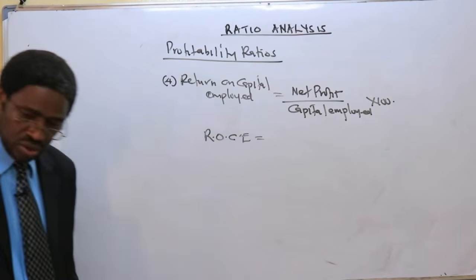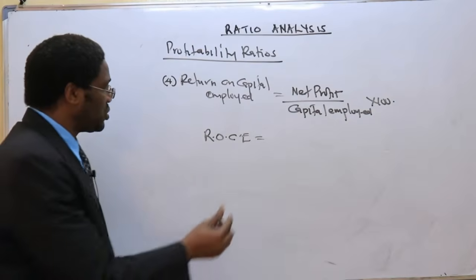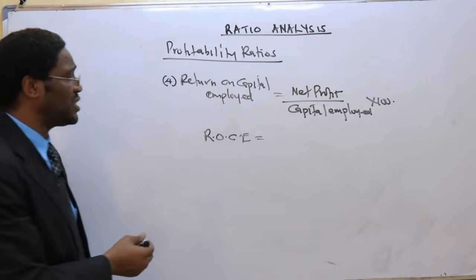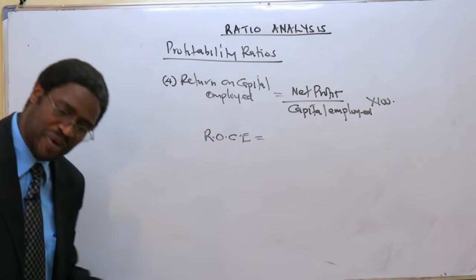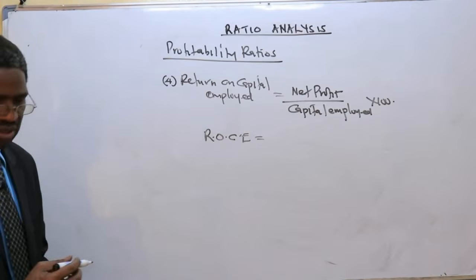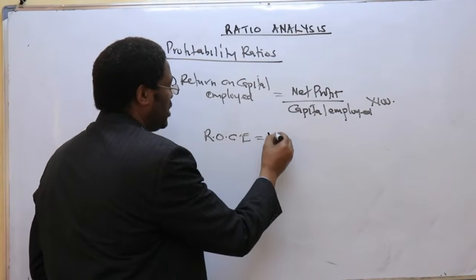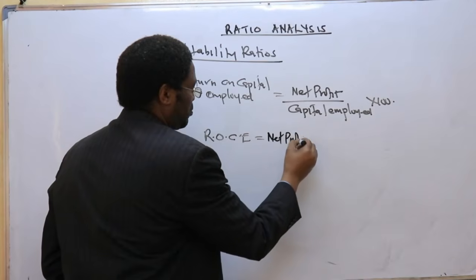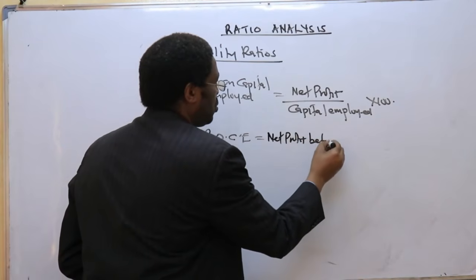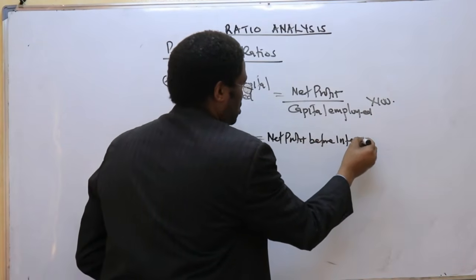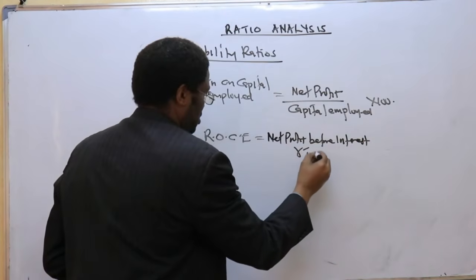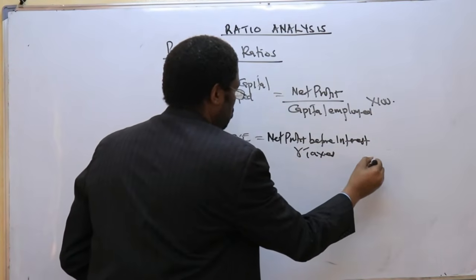Now, I was saying to get the return on capital employed for a company, we shall be taking the net profit before interest and taxes. That's the point I'm trying to explain.